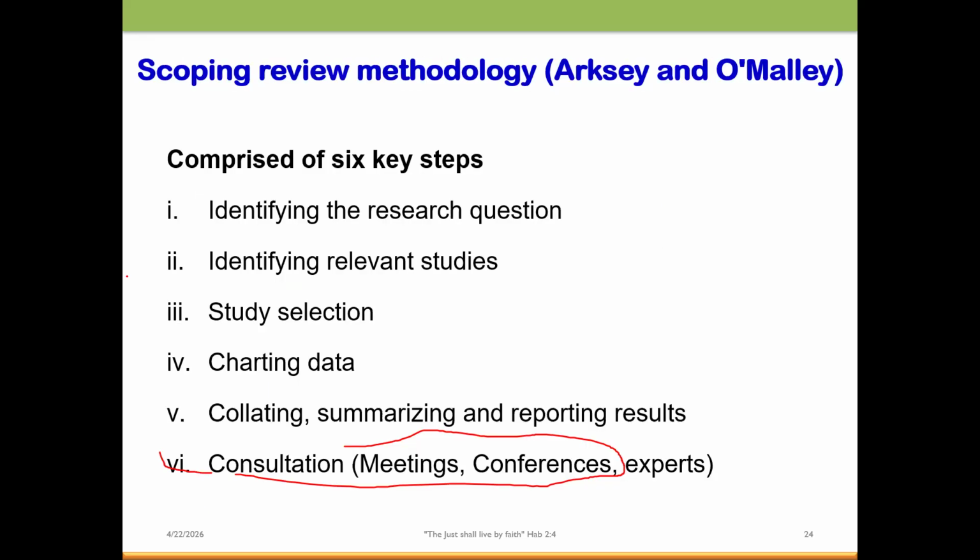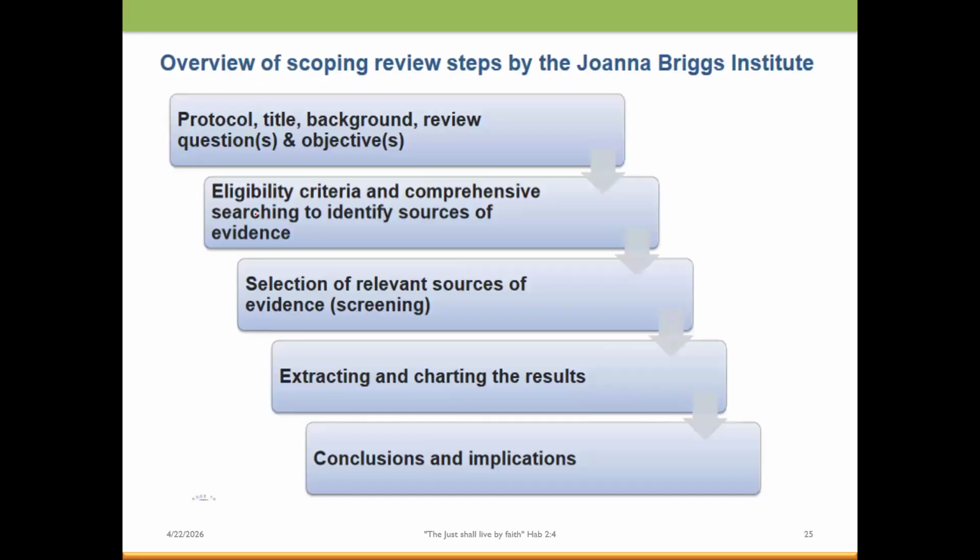So when you're using the scoping review, you need to know about this scoping review methodology by Arksey and O'Malley, that highlights these 6 key steps that you must include. And then there is also Joanna Briggs, who highlight the format that you need to have. You need to provide the title, the background, the review questions and objectives, and state the eligibility criteria.